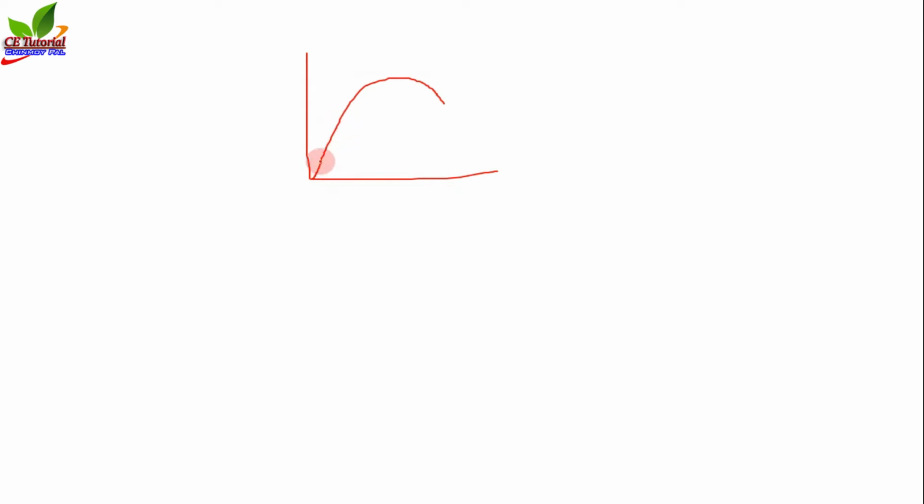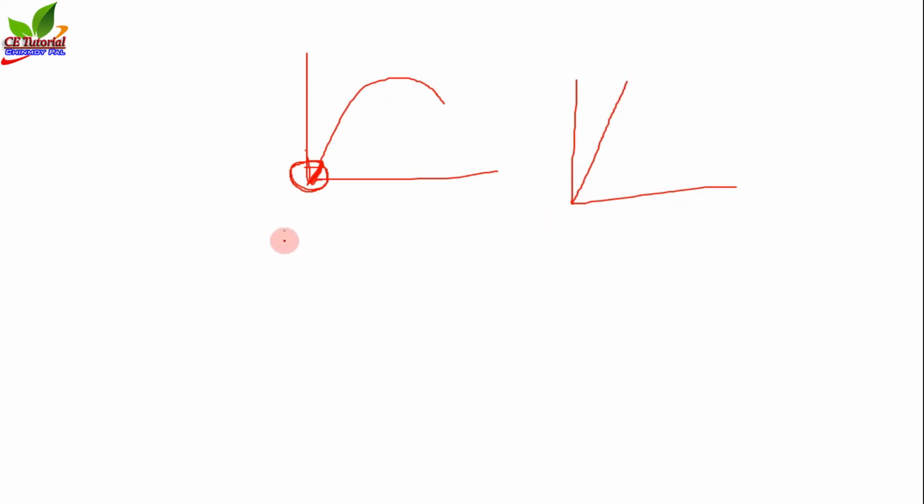Now if you see this position, you can find there is a straight line. Now IS code is assuming this amount of linear or straight line portion for the concrete. That means in working stress method our stress strain curve of concrete should be this.